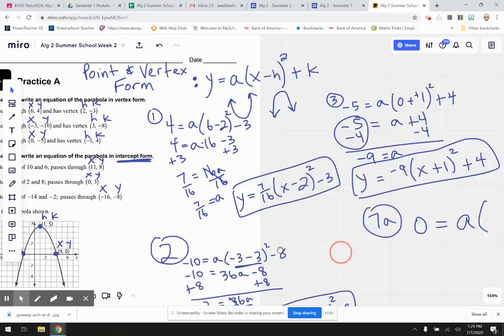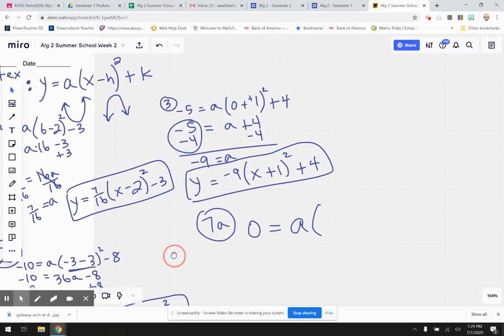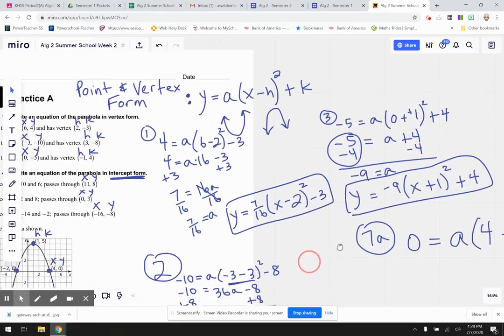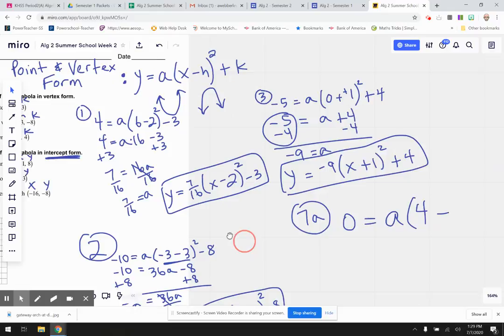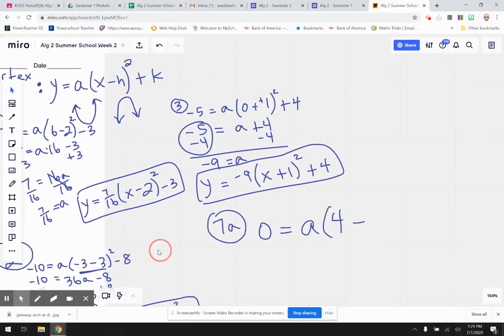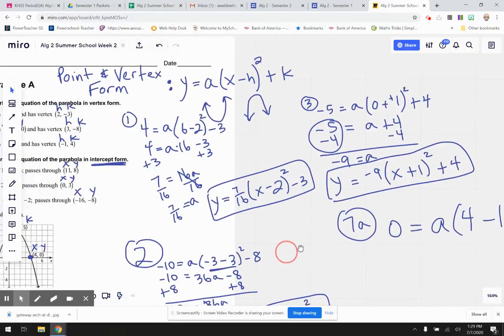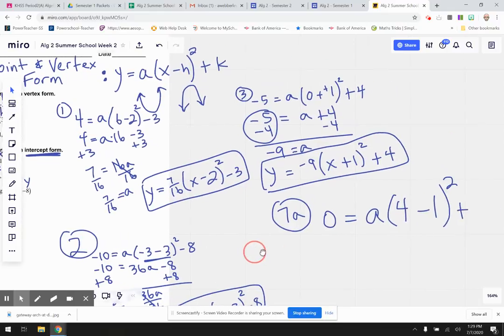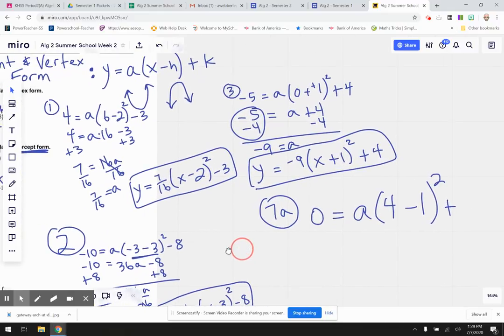Was a 4. So the x value is a 4. Minus, and the h value is on the top there. The h is a 1. So the h is 1. And then squared. And then plus k. Okay, so k was a 5, I believe. Yeah, k right here was a 5. Okay, so we're going to put a 5 in there.